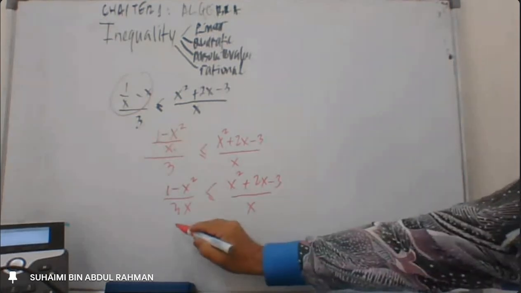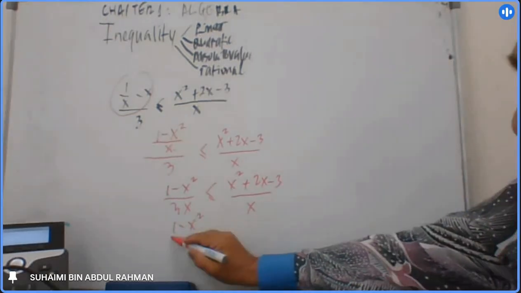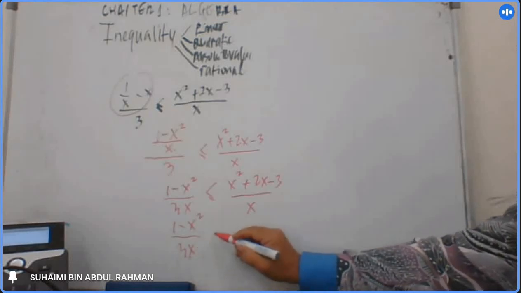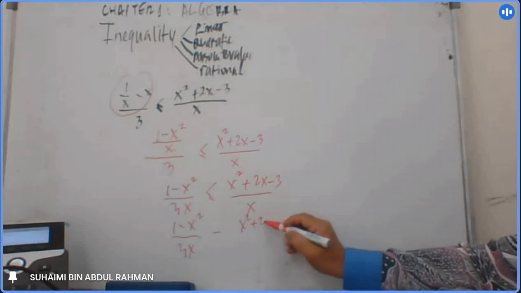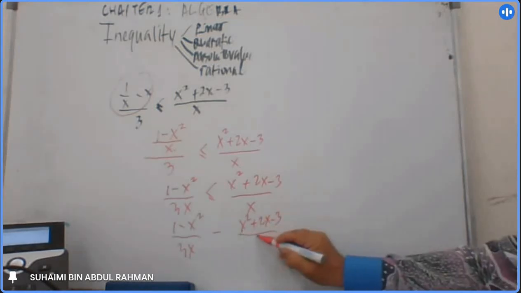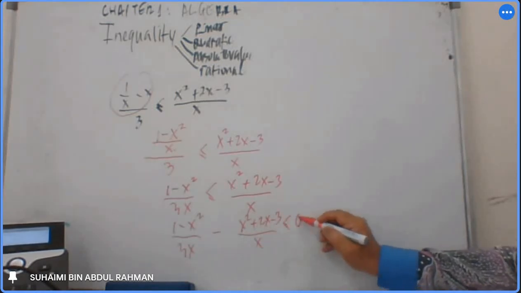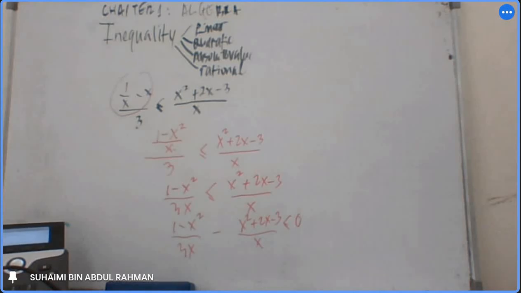We move everything to one side: 1 minus x squared over 3x minus x squared plus 2x minus 3 over x less than or equal to 0.